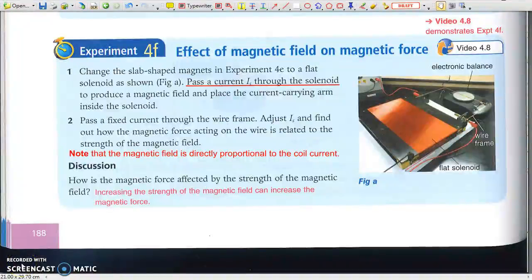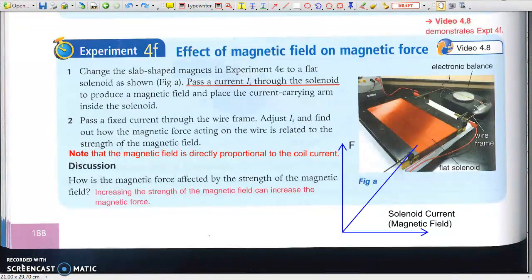Well, in the video we can see, as we may expect, that the magnetic force is also directly proportional to the solenoid current. In other words, the magnetic force is also directly proportional to the magnetic field applied.